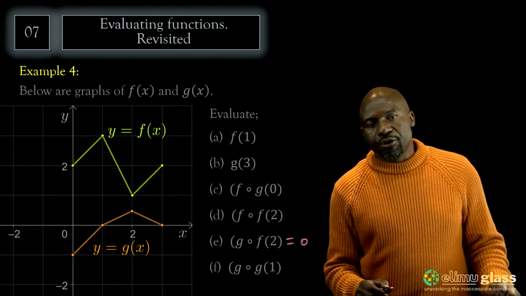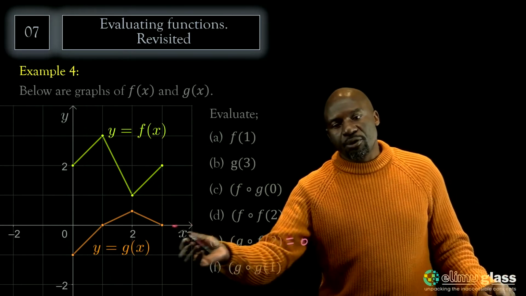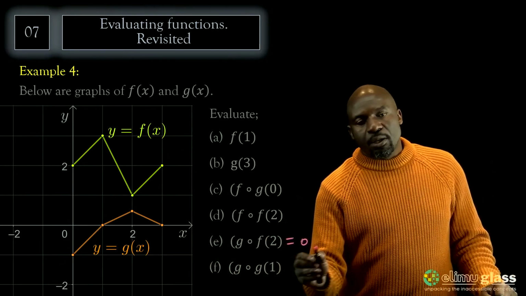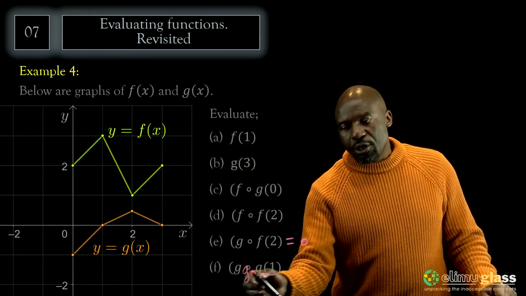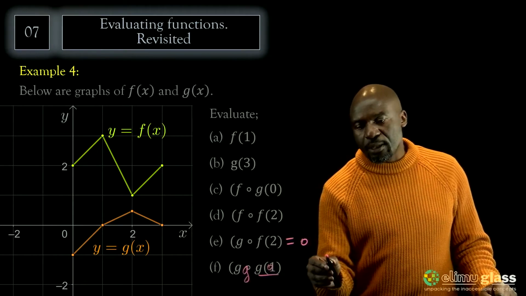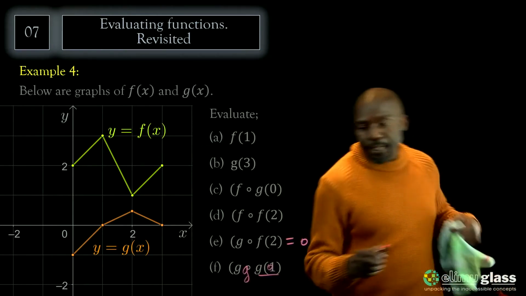What about g of g of 1? We go to g of 1. G of 1 is 0. So therefore, g of 0, because that's 0 now.